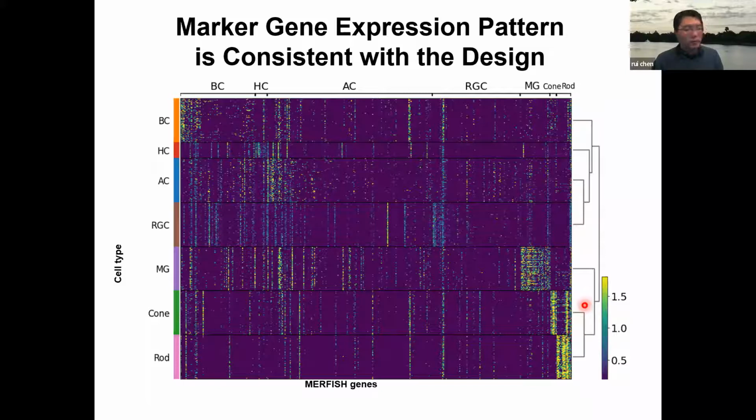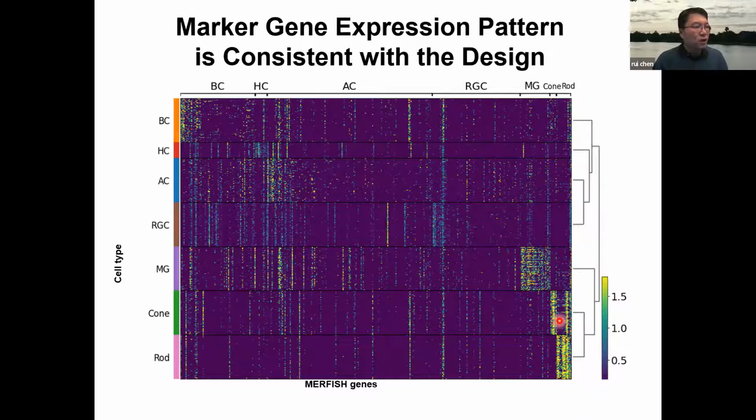And as expected, the interneurons are grouped together. If you look at the markers more closely, the rod markers show very strong expression primarily only in the rods. If you look at the columns, they share some photoreceptor markers, but there's a bunch of rod specific ones, with very little signal from other cell types.